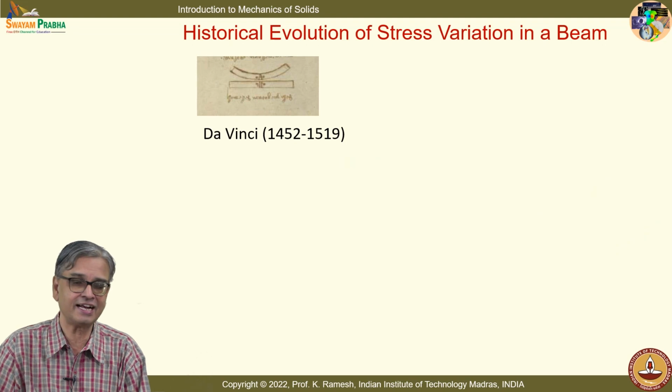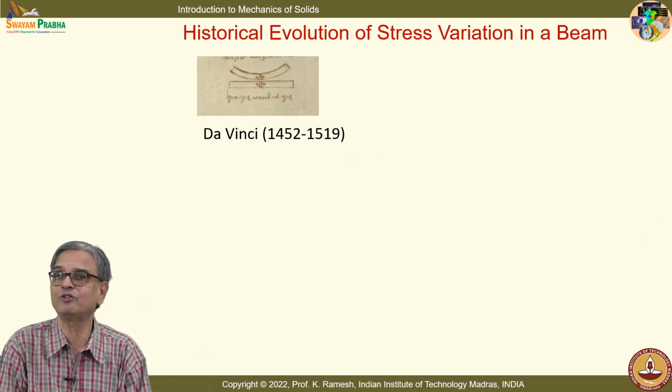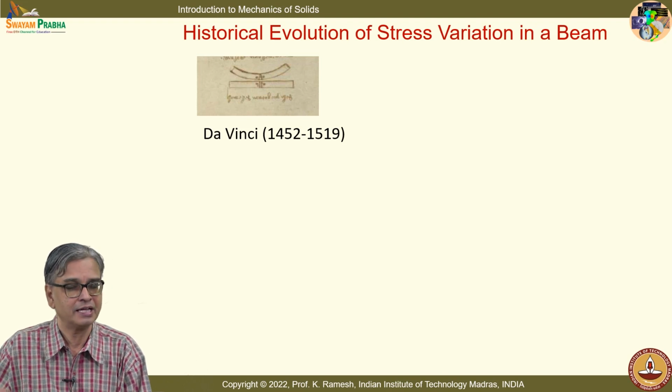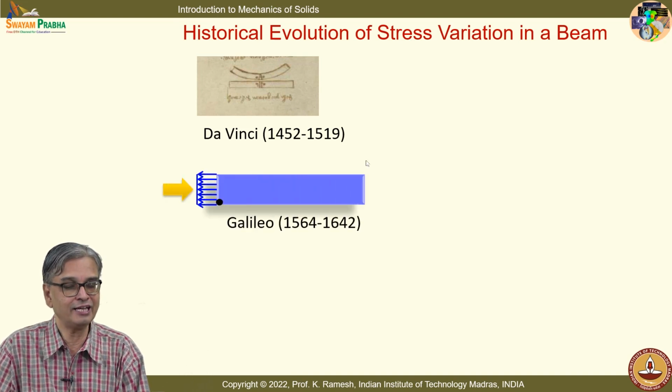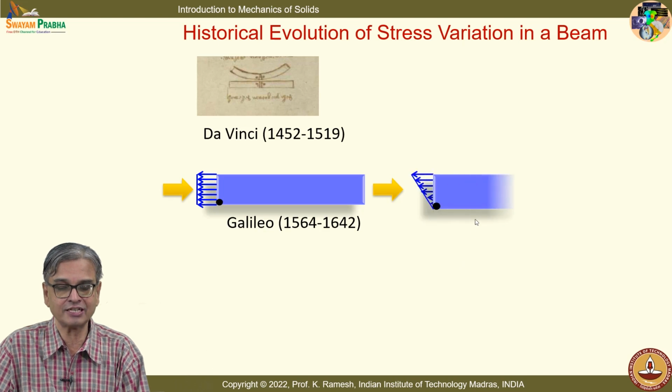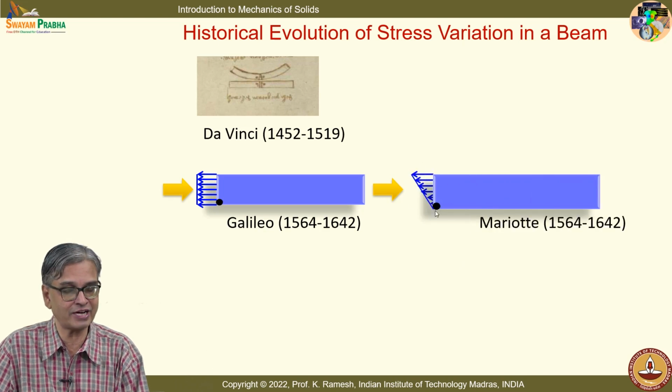And as I said, the historical evolution of stress variation in a beam all started with Da Vinci, and he had in his notes diagrams drawn like this. Galileo conjectured that the resistance is uniform, and you have Mariotte who conjectured a triangular variation in one fashion.